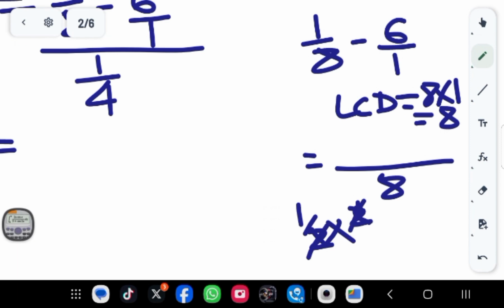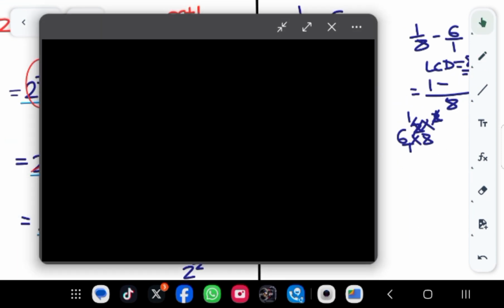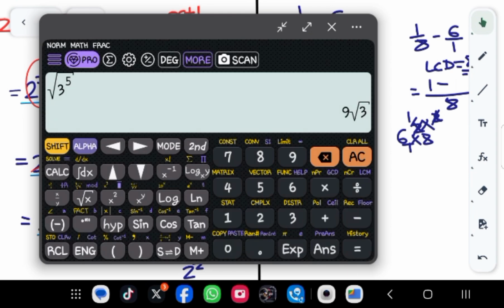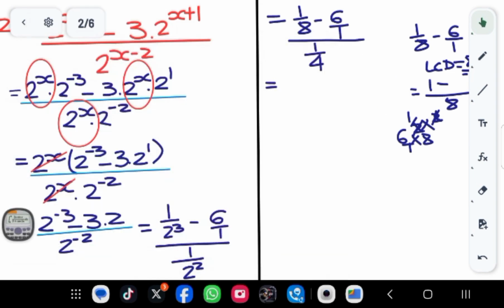This one cancels out, so it leaves us with 1 minus 6 times 8. 6 times 8 will give us 48. That is the answer that we get.